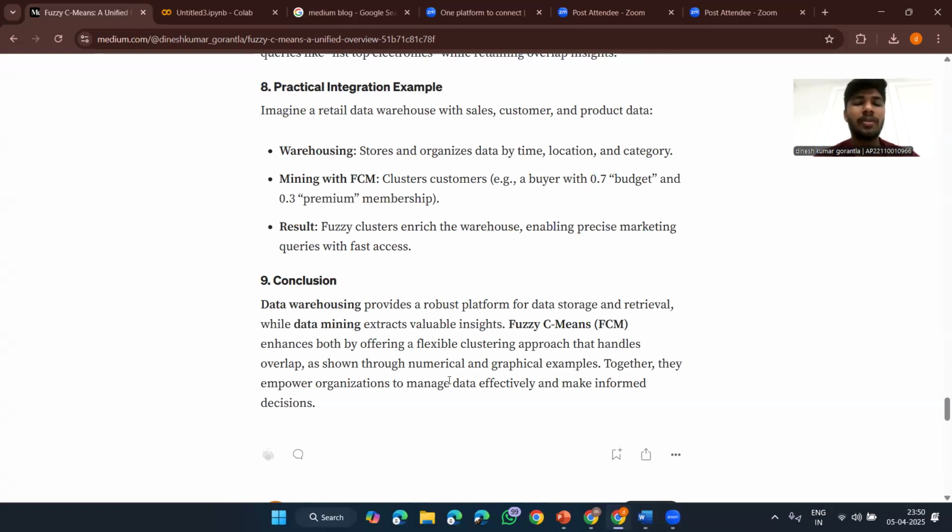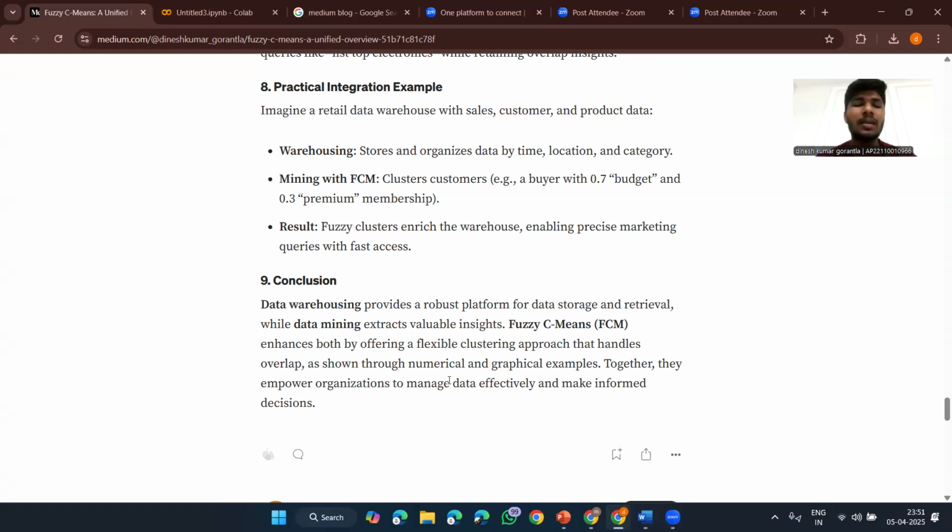Conclusion. Data warehousing provides a robust platform for data storage and retrieval, while data mining extracts valuable insights. As you see, FCM enhances both by offering a flexible clustering approach that handles overlap, as shown through numerical and graphical examples.